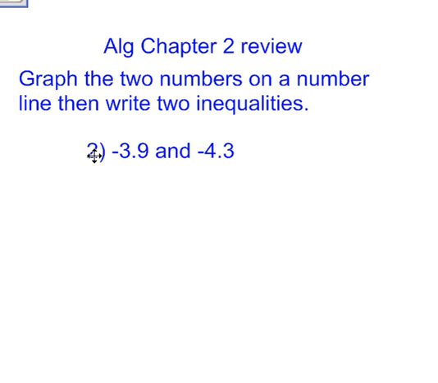The first one we have is negative 3.9 and negative 4.3. In my number line, I'm going to go by halves. So let's say that this is negative 3. This would be negative 3.5, negative 4, negative 4.5, negative 5.